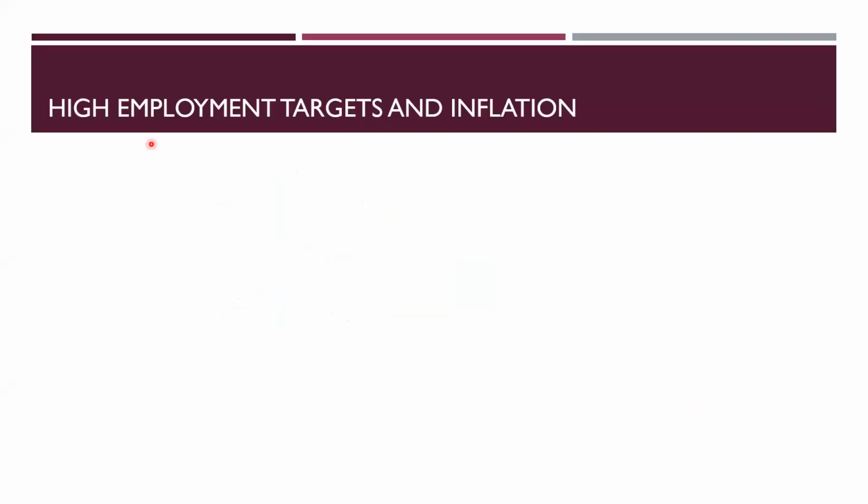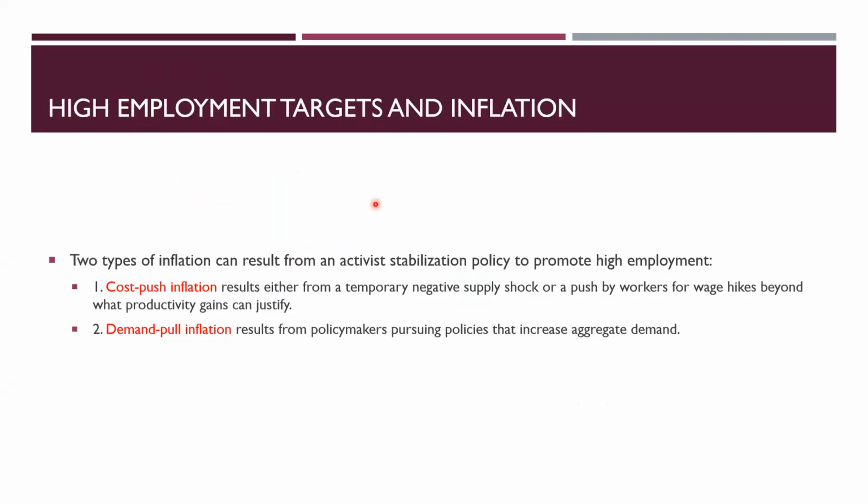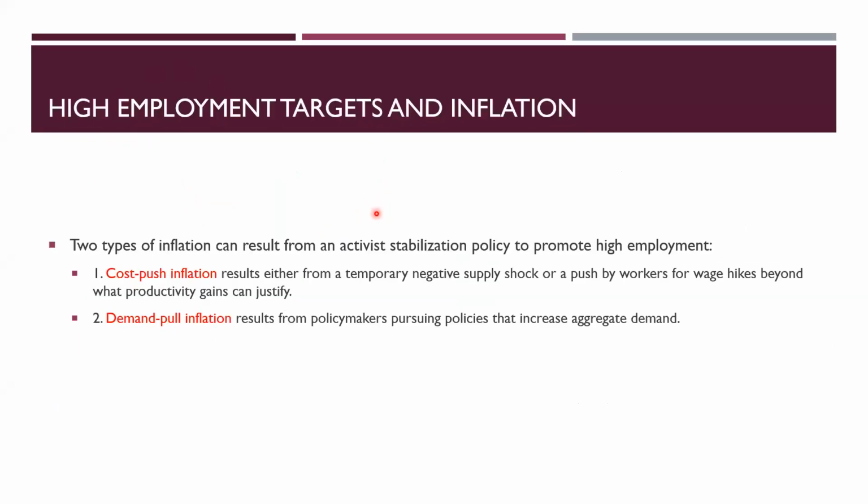Right. Let's look at high employment targets and inflation. The government can also have high employment targets. Remember, high levels of employment means low levels of unemployment. So, we are saying inflation is always and everywhere a monetary phenomenon.